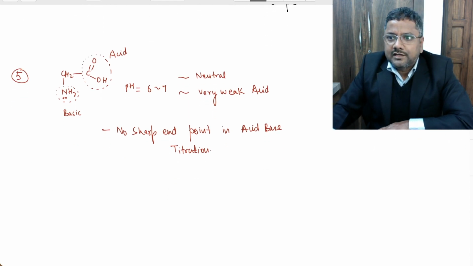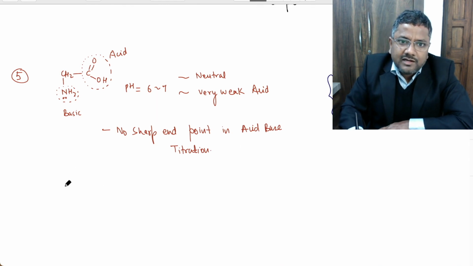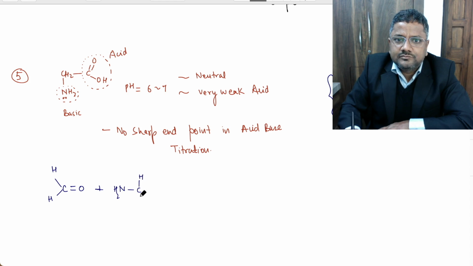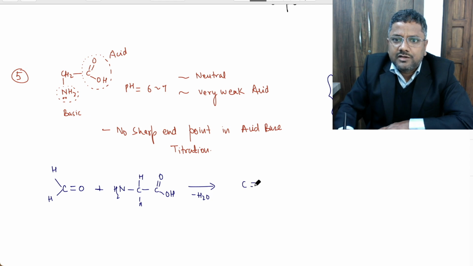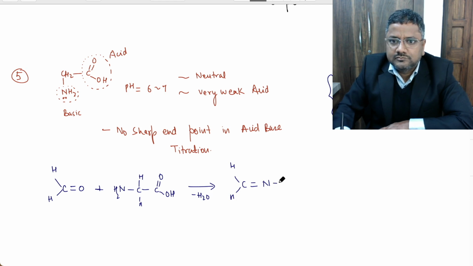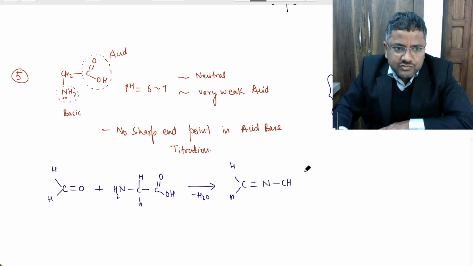We can take formaldehyde, like here we took the 1,2-diol. So here we are taking formaldehyde, C double bond O. Treat this compound with this alpha amino acid. The NH2 group will react, water will eliminate, and you get C double bond N, CH2.